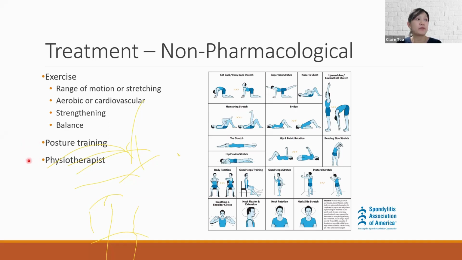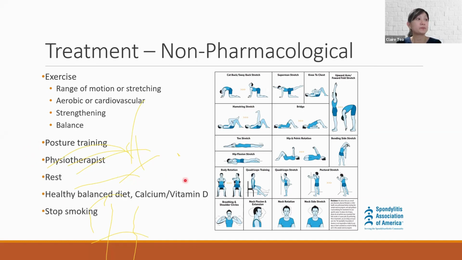You may also be referred to physiotherapists for exercises and to be educated on what kind of exercises are appropriate. It's also important to have adequate rest, a healthy balanced diet, and sufficient calcium and vitamin intake to optimize bone health, and to stop smoking, as smoking may worsen the arthritis condition and the spondyloarthritis.